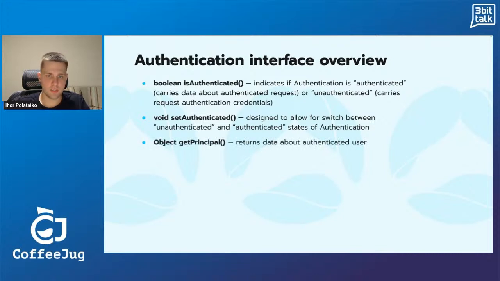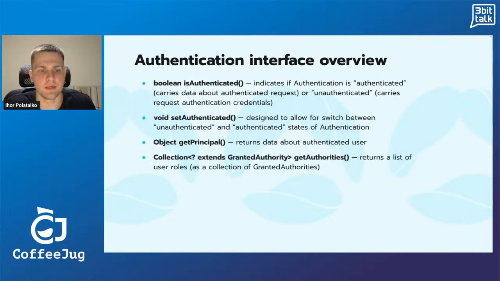There is a method getPrincipal, and it returns data about authenticated user. It's used for authenticated authentication, and it returns object. So just notice that it's object, not any other type here. And we will see later why. Also, there is a method getAuthorities, which returns a list of user roles as a collection of granted authorities, and it's also relevant for authenticated authentication.